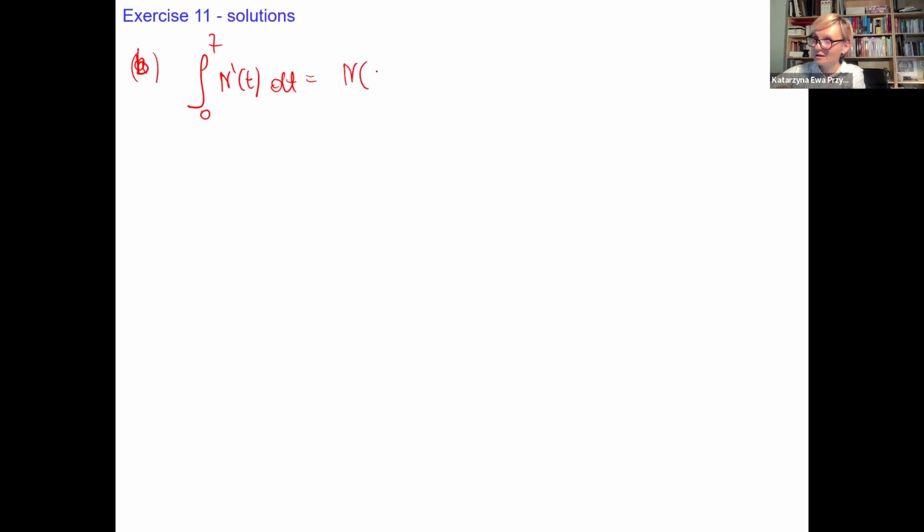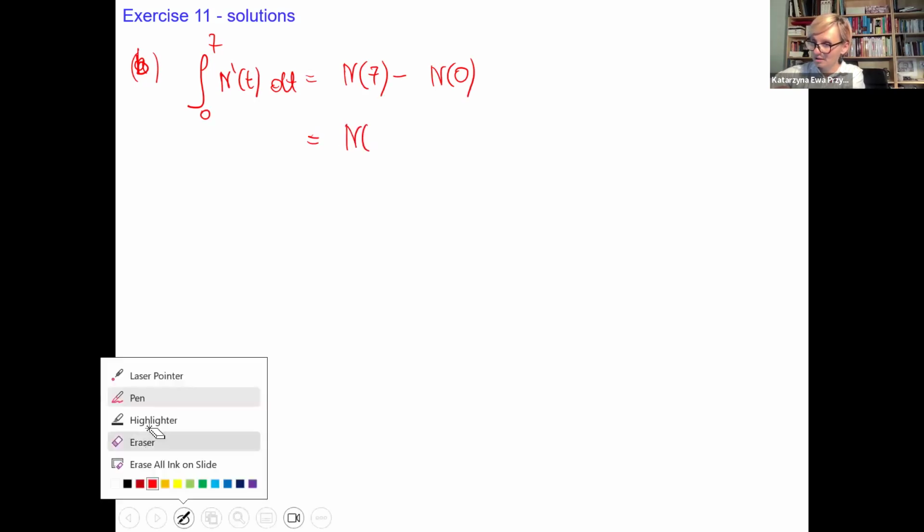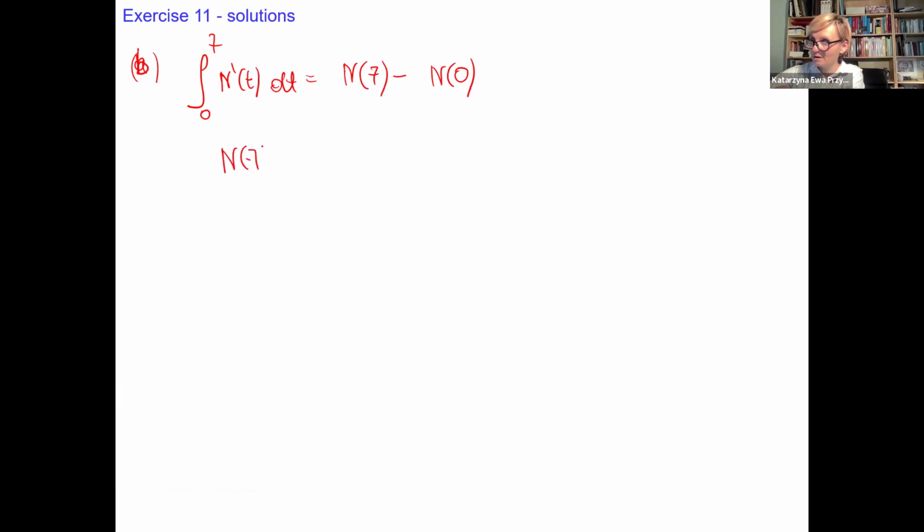And this will be n at 7 minus n at 0. Okay, and we're looking for, let me actually solve it, the number at the end of the 7, total, everything, which we have to do between 0 and 7. That will be the amount, and plus the number at 0.